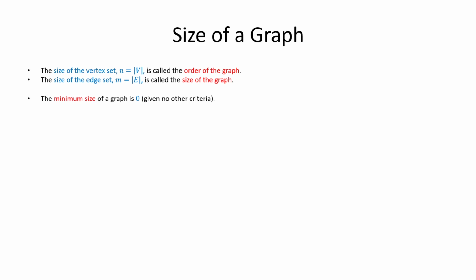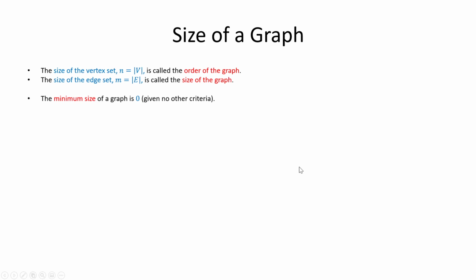We could just have a bunch of points, no edges. Each point is an isolated island. Those types of graphs are not very interesting usually. Usually we want some edges, but for the sake of being exhaustive, graphs with no edges are graphs too.